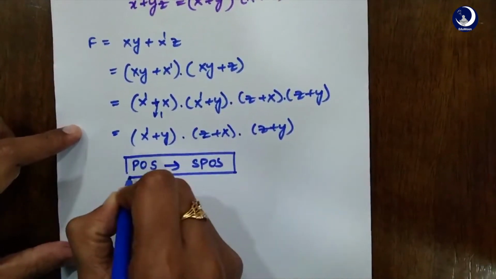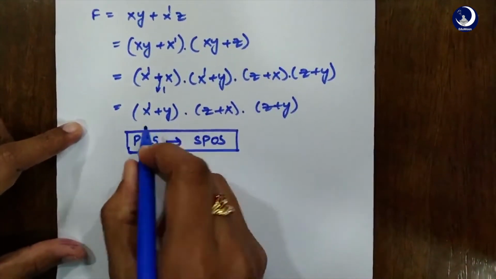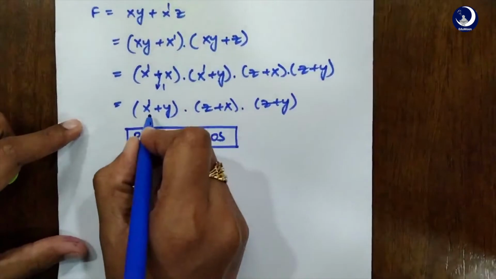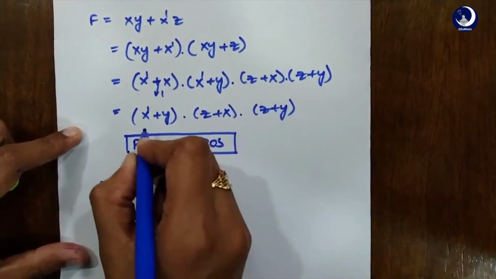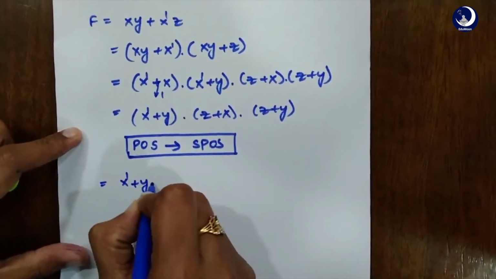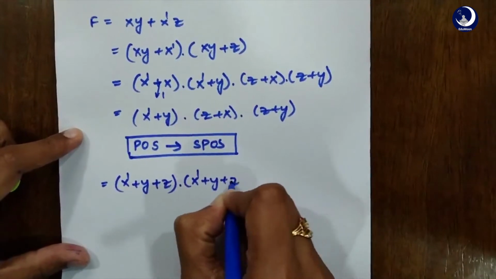I hope you are clear with these conversion steps because of the rules I have given in the previous one. Now start converting them. How do we do that? In this z is missing, in this y is missing, in this x is missing. So (x bar plus y plus z) into (x bar plus y plus z bar).